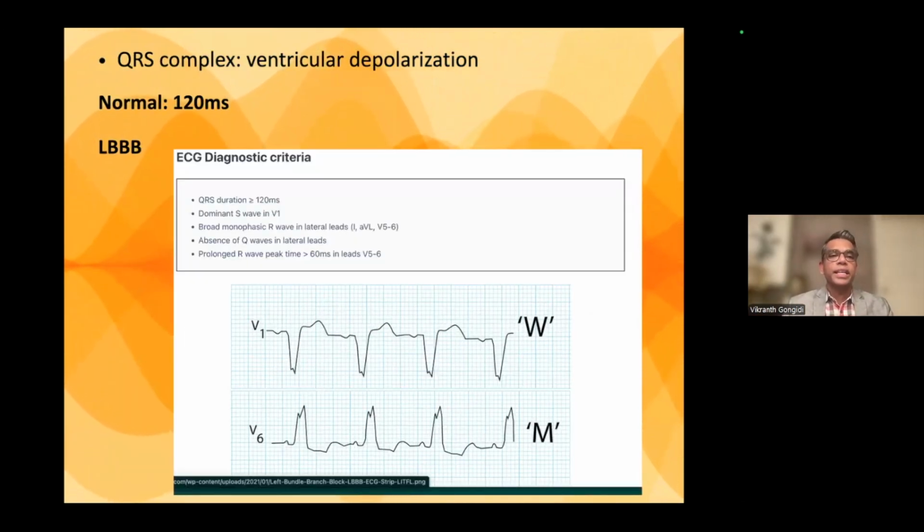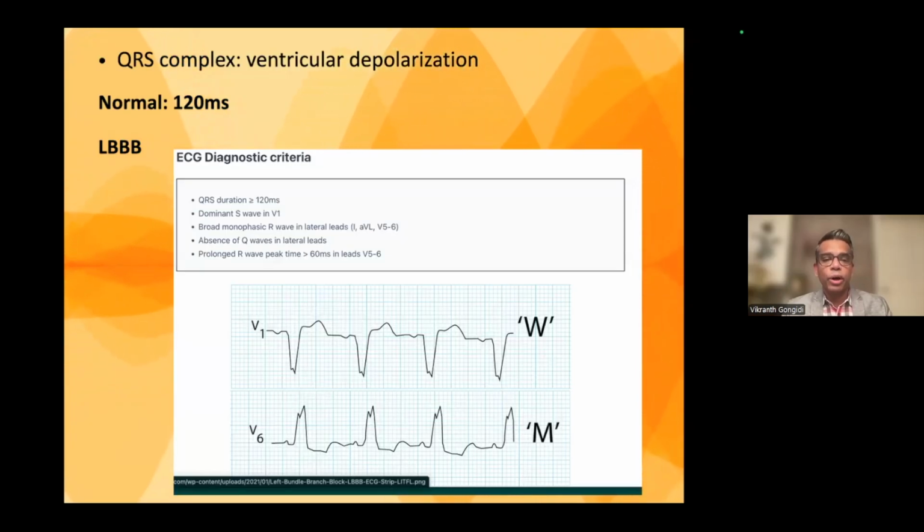Likewise, there is a left bundle branch block. Again, the QRS has to be greater than 120 milliseconds. You look at V1, and if it's completely down, that's one of the criteria for a left bundle branch block. Or if they have a very broad or tall R wave in V5 and V6, that's another criteria for left bundle branch block.